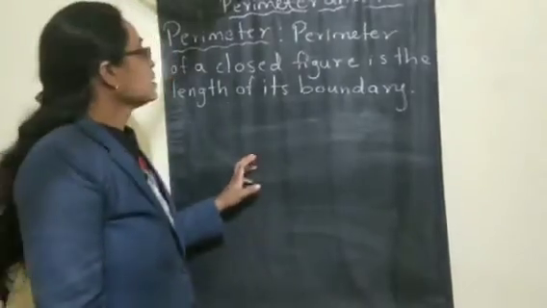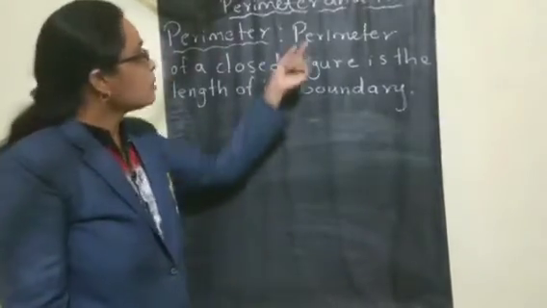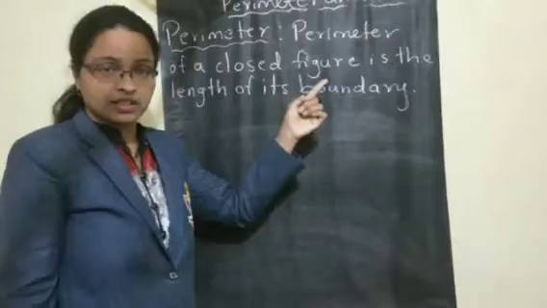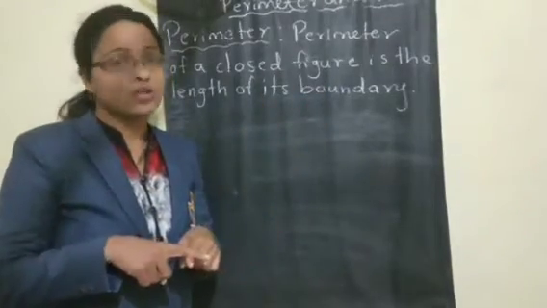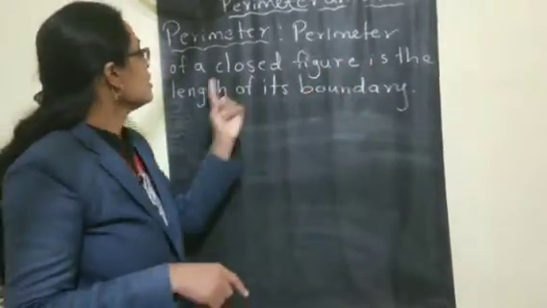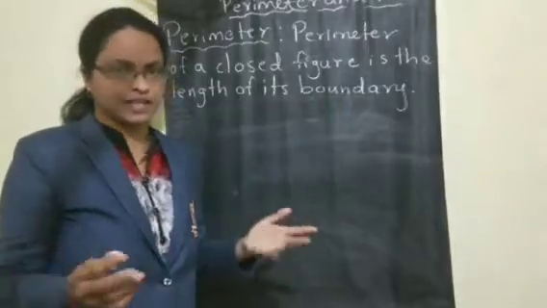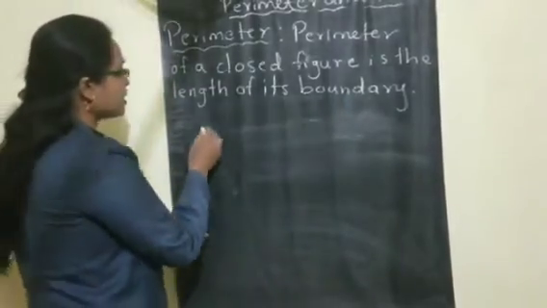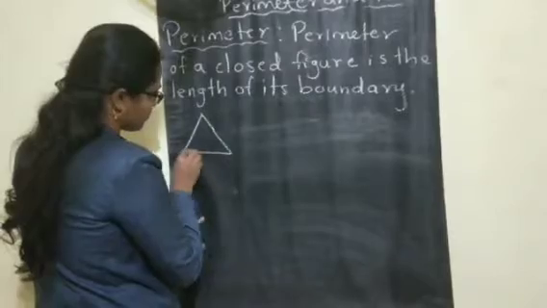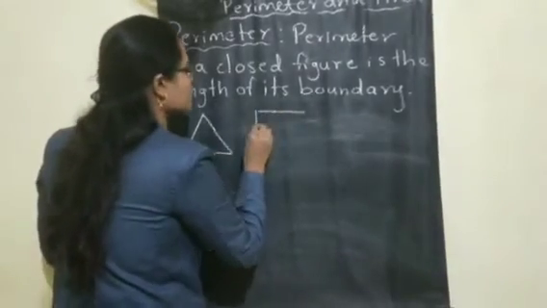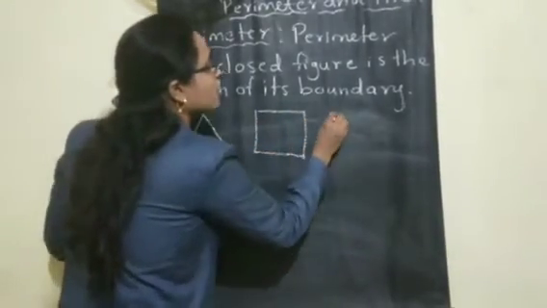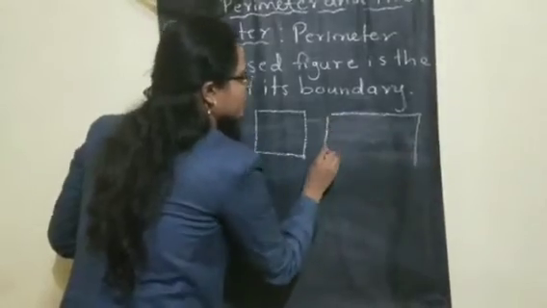So children, here is the definition of perimeter. The perimeter of a closed figure, the figure should be closed from all the sides, is the length of its boundary. Maybe the figure is in a triangle shape, or maybe a square or rectangle.